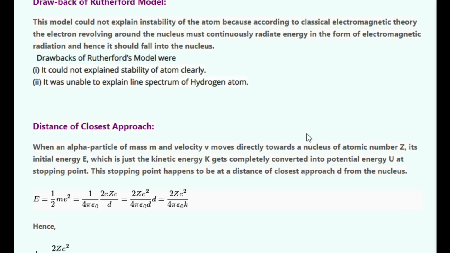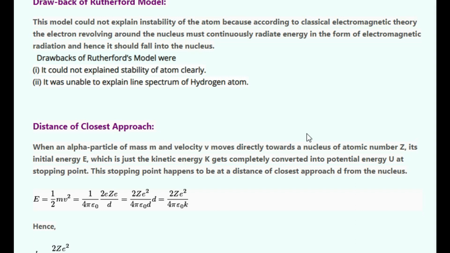That's why it will keep decreasing its radius, follow a spiral motion and finally fall into the nucleus. But such things do not occur. Today we see the universe around us, the matter around us, the atoms inside them, and the atoms do not collapse.